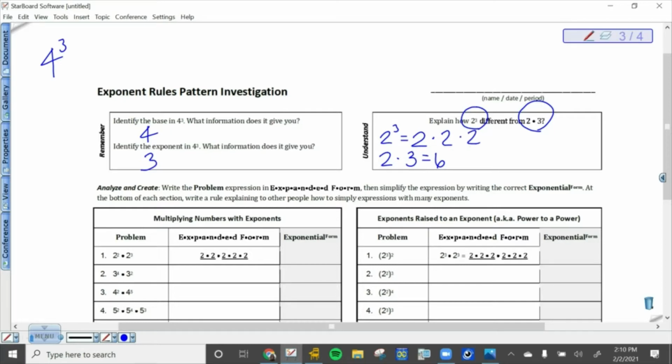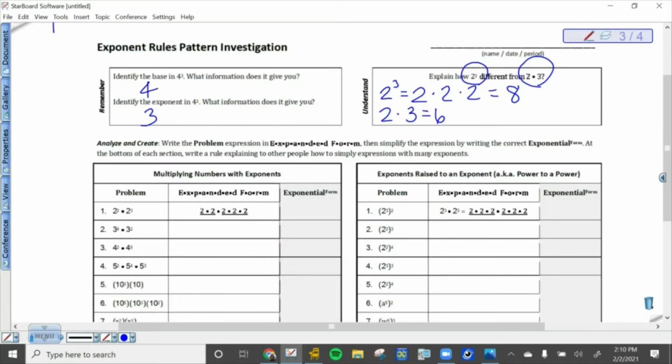Times 2, yeah. So we multiply 2 by itself 3 times. So 2 times 2 is 4, and then 4 times 2 is what? 8, yeah. So 2 to the 3rd power is 8. 2 times 3 is 6.